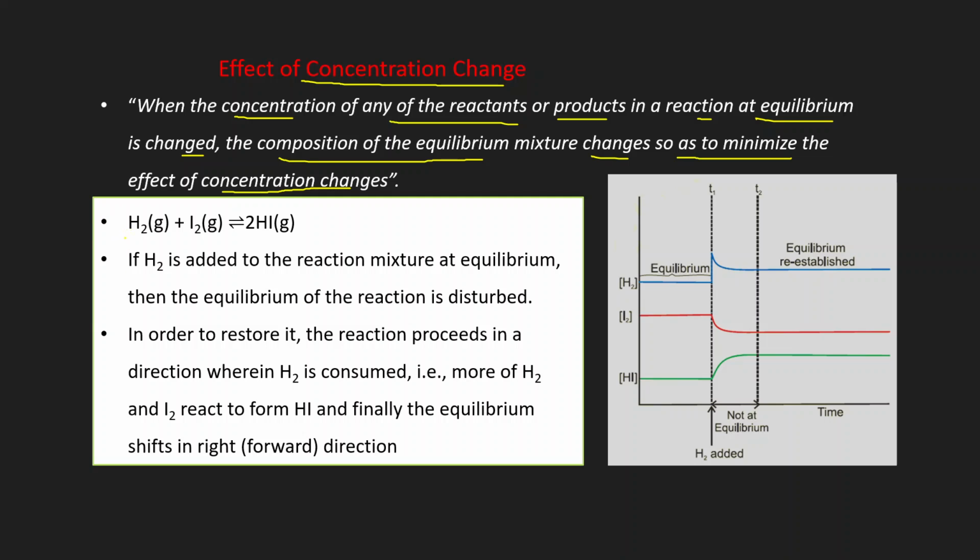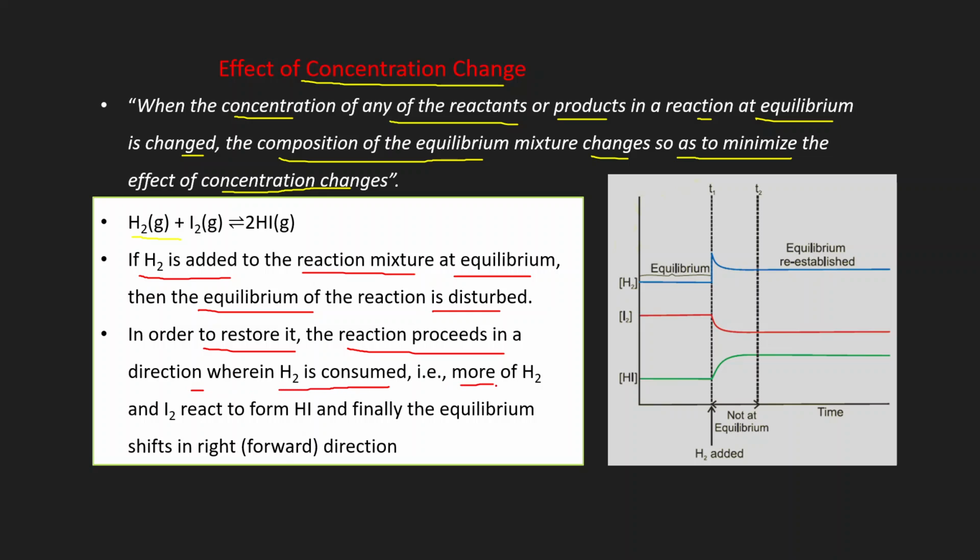See, this is the formation of HI by H2 plus I2 gives 2HI. If H2 is added to the reaction mixture at equilibrium, then the equilibrium of the reaction is disturbed. In order to restore it, the reaction proceeds in a direction wherein H2 is consumed.